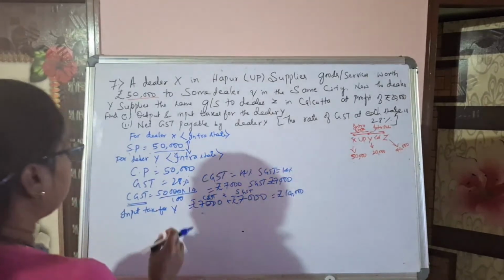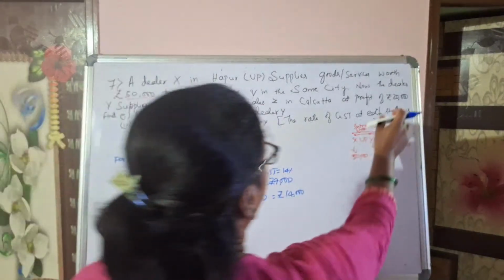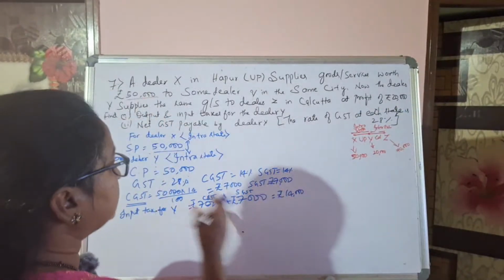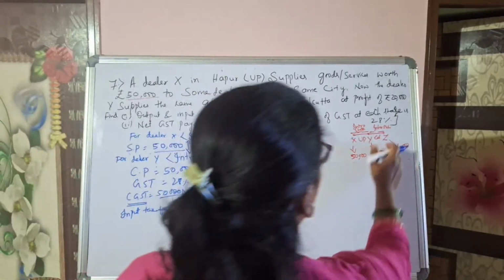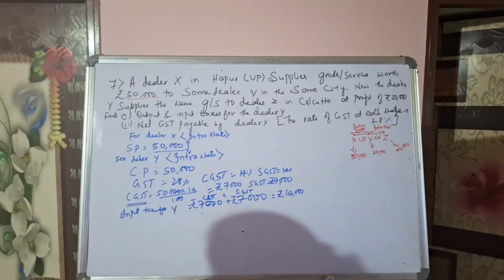And again, this dealer Y makes some profit of 20,000 by selling the same goods and services to Z, to Calcutta.